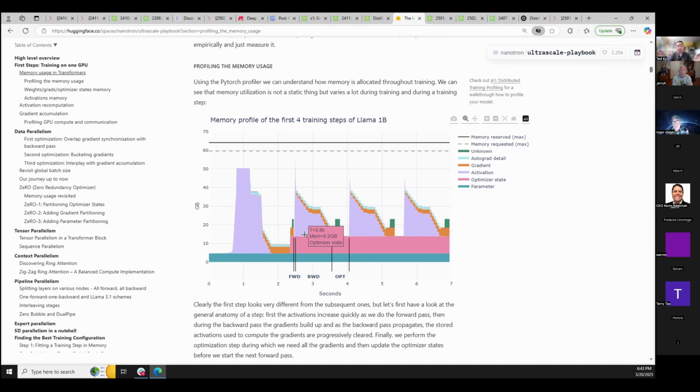And even though the weights at every token position, the weights for the first word and the weights for the second word and for the third word are all identical, and you don't need multiple copies in the GPU, the actual activations for every token position are unique. And so the activations grow linearly with the length of your input.